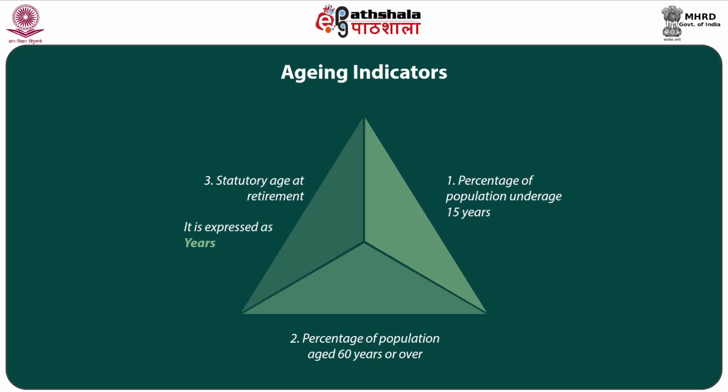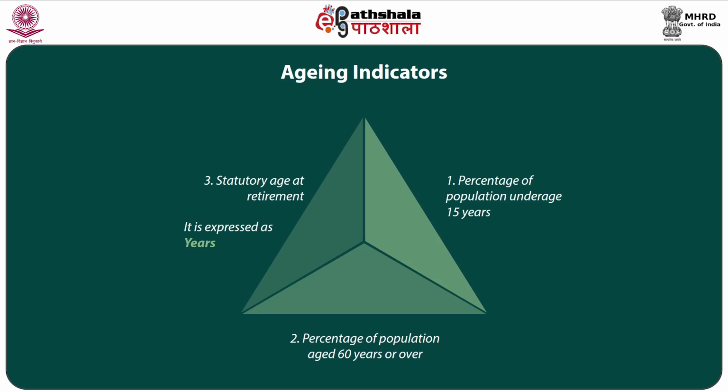Then another indicator related to population aging is the percentage of population aged 60 or more. This again is the estimated mid-year population aged 60 years or over, and this is also indicated as a percentage of the total population.